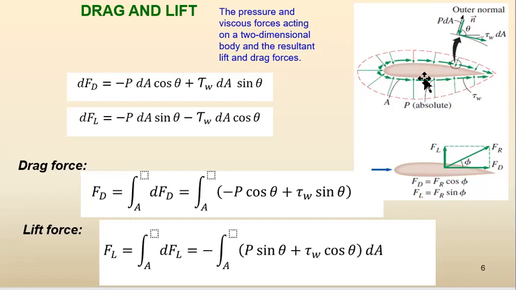Let's say that we have a flow over the airfoil, or the airfoil is moving horizontally inside a fluid. The drag force is horizontal, against the motion of the airfoil, and the lift force is perpendicular to the horizontal direction.